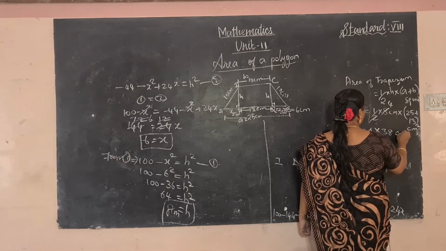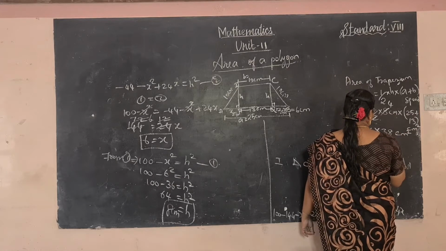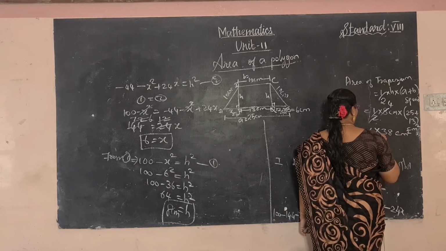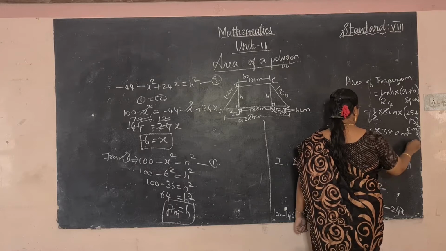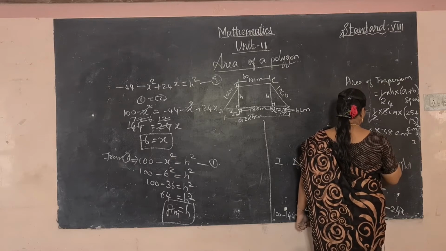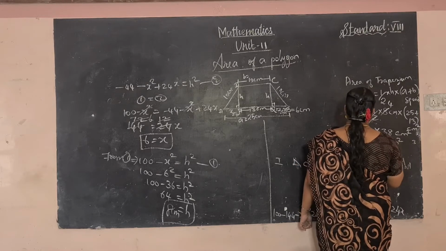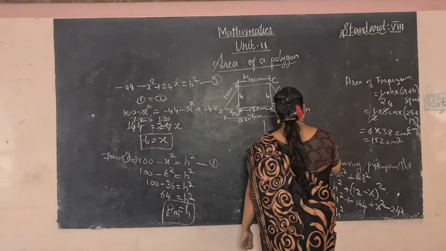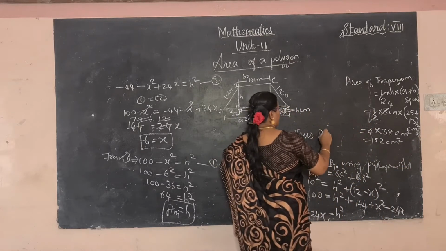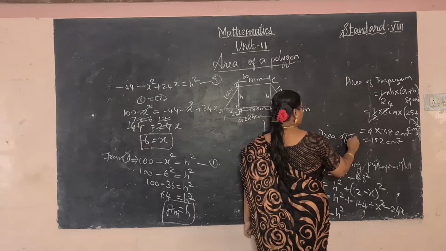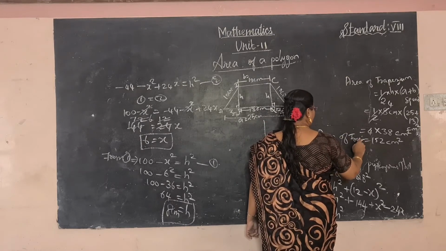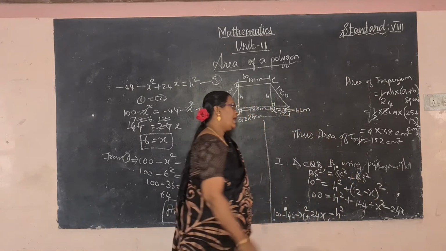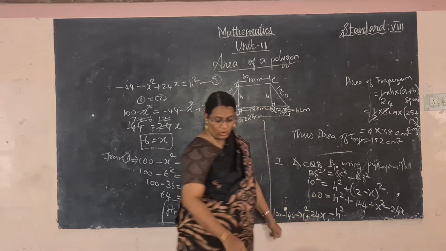Multiply these values: 32, 120, 152. So area of the trapezium is equal to 152 centimeters square.